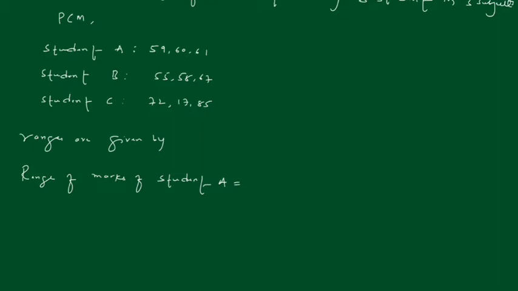So the highest value in A is 61, minus 59, which is equal to 2, right?